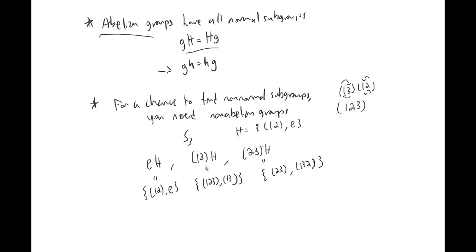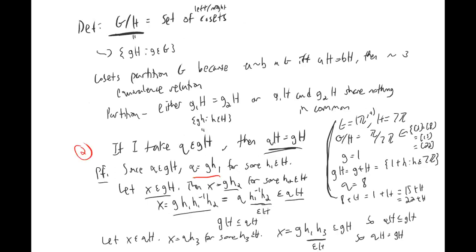So again, from part 2, I'm basically saying this is redundant. You could write out all 6, but some are equal, because I'm using number 2: if I take an element g in gH, then gH is gH.